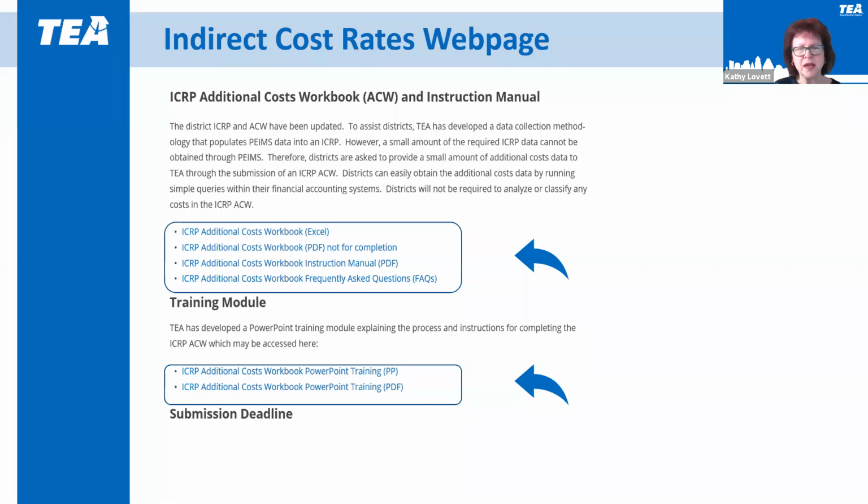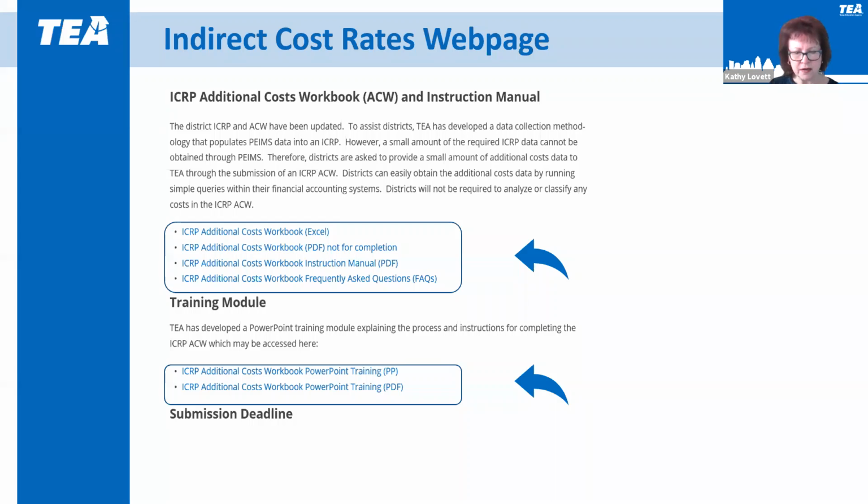However, at the bottom of this slide, it says submission deadline. Of course, we'll be talking about that later. The submission deadline is January 19th, 2021. At the bottom of the page, there's also information about the certification instructions. There's also current and prior year indirect cost rates for all school districts, charter schools, and education service centers. There's also archive rates that can be found in charts that go all the way back to 2013.